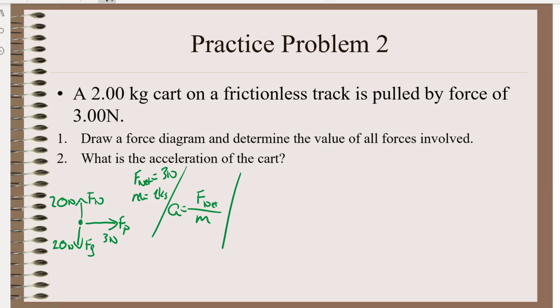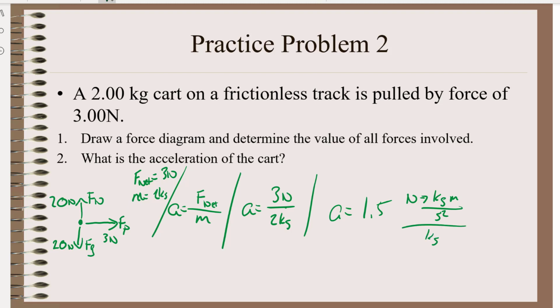So that's our equation. Plug them in. We have acceleration is 3 newtons over 2 kilograms, which is 1.5. Remember that a newton is really the same thing as kilogram meter per second squared, and then we are dividing that by kilograms. So those go away, and you are left with just meters per second squared.